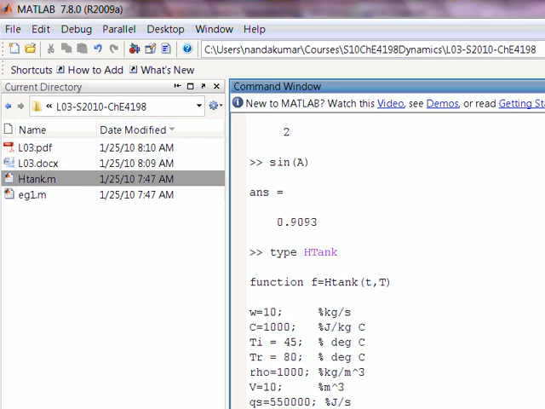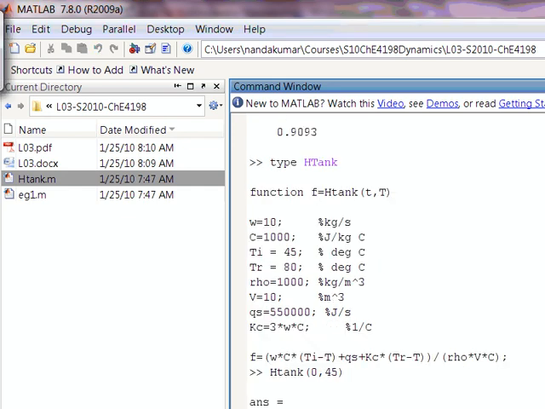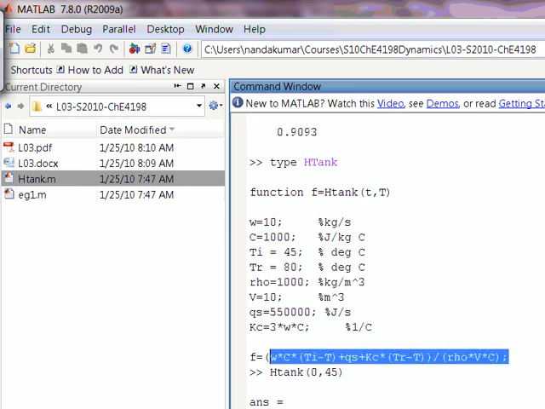Am I talking too fast? Is there a question? Okay. Please do stop me if I'm going too fast. It's going to take these two numbers, 0 and 45, assign lowercase t to 0, uppercase T to 45, and then go into that function and substitute these numbers and calculate all these, assign all these values and calculate the last function f and return that. So that f is nothing but the function that we saw in the dynamic model. You'll see term by term, we'll compare it. So it returns a value of 0.16.